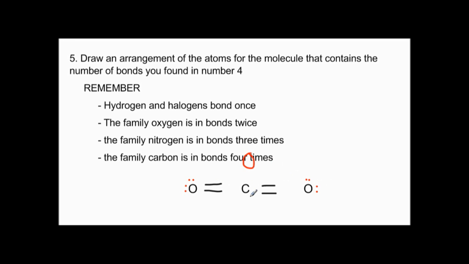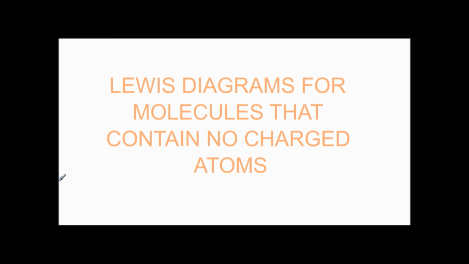There would be 4, but there isn't. You should always try to make it as symmetrical as you can. It won't always turn out symmetrical, but you just have to try your hardest. And be careful of all the bonds and unbonding electrons and everything when you're drawing the diagram.